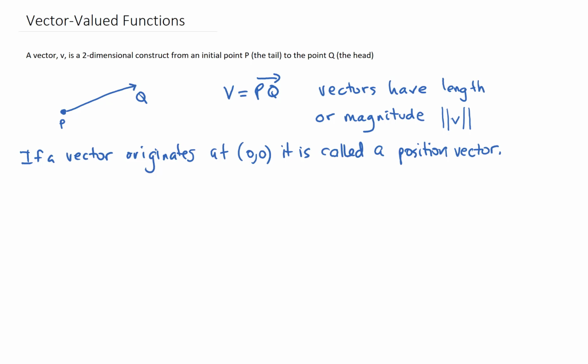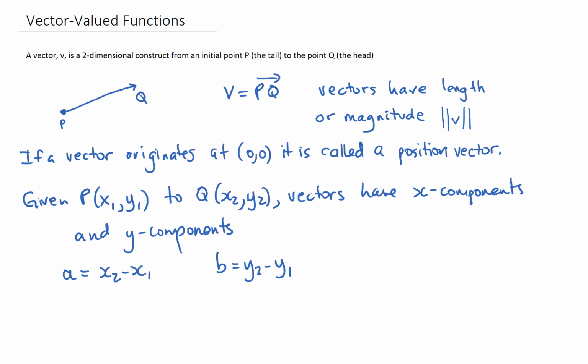Otherwise, if you are given the coordinates of the start and end, then every vector has an x component and a y component that can be thought of as a and b, where a is the difference of the x values and b is the difference of the y values. And then the length or magnitude will be equal to the distance formula, which is the square root of a squared plus b squared. And a vector of length 0 is called the zero vector.